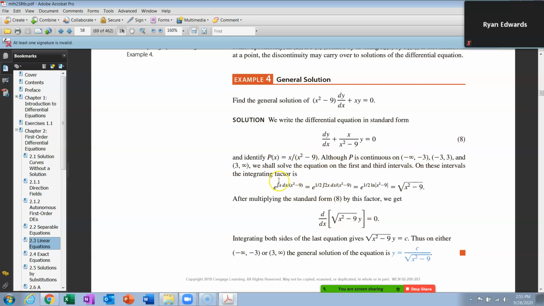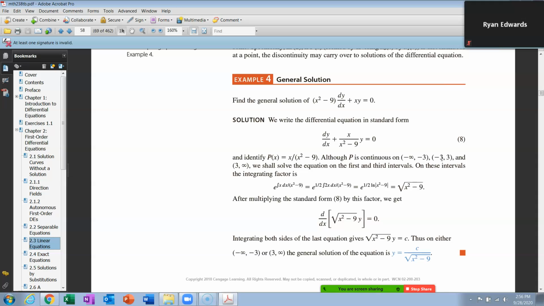Okay? We shall solve the differential equation in the first and third intervals. This one and that one. Why? As you'll see, this one comes up with the square root of a negative number. We can't do that. Okay?